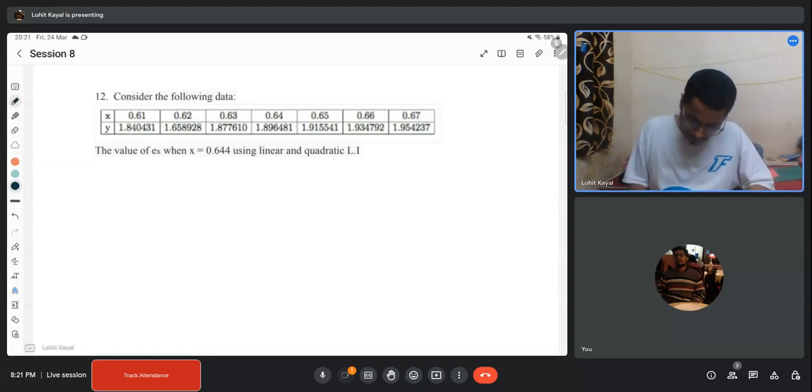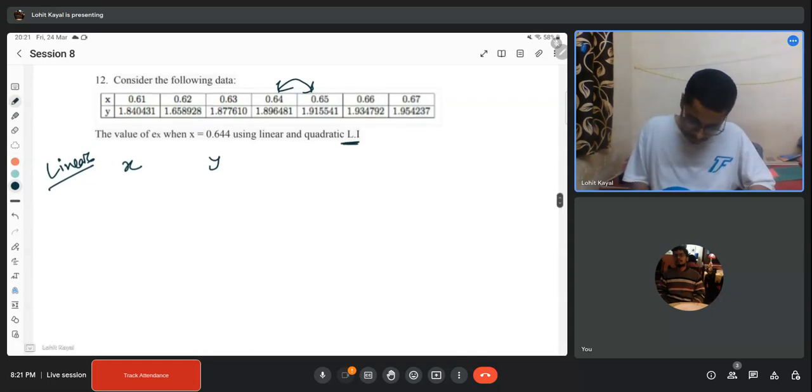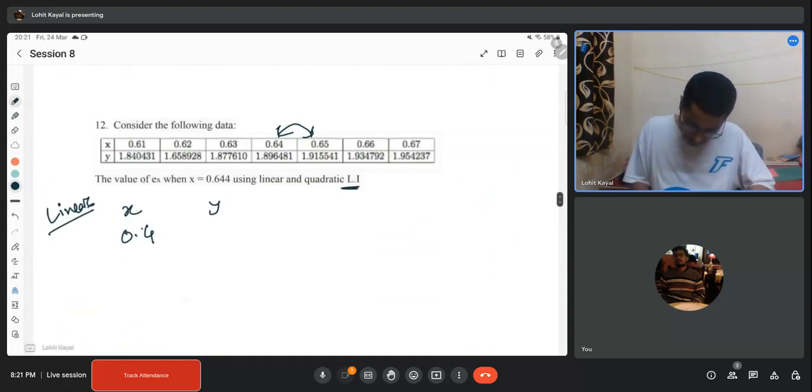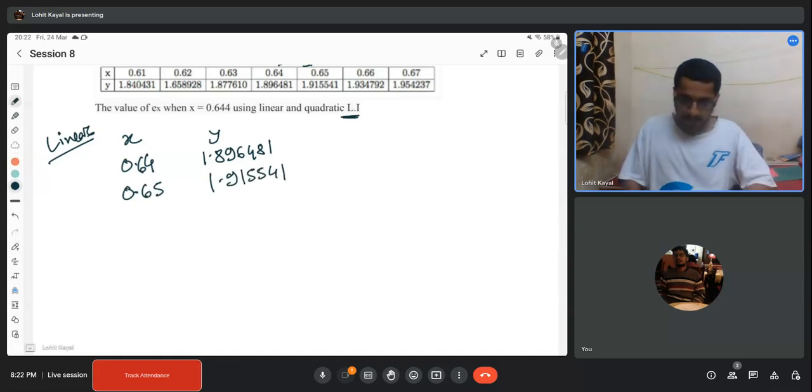So first let's solve the easiest thing, that is the linear interpolation. Here Li is the Lagrange interpolation. I have data points of x and y. Now 0.644 lies between 0.64 and 0.65, so let's use that. At 0.64, its value is 1.896481, and at 0.65, its value is 1.915541.